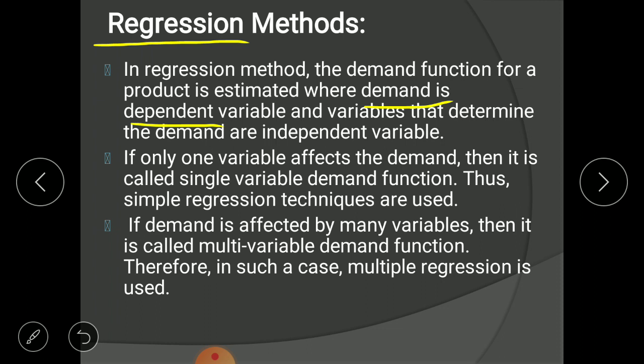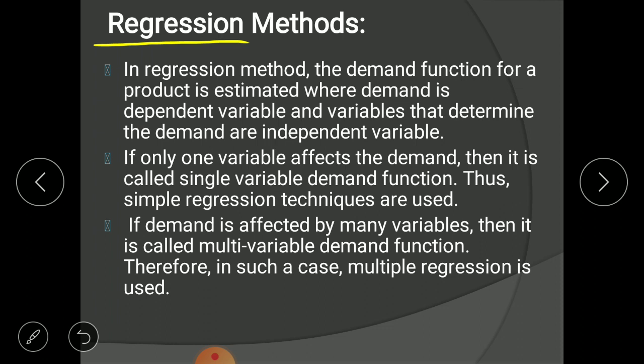So in the regression method, demand will always be the dependent variable, but the independent variable may change. Independent variables may be price, the price of a competitor's product, the consumer's income level, the advertisement campaign and the like. On any factor, demand can be dependent.